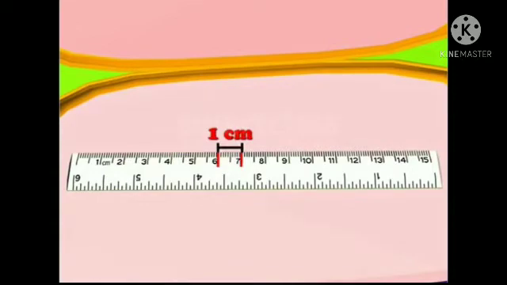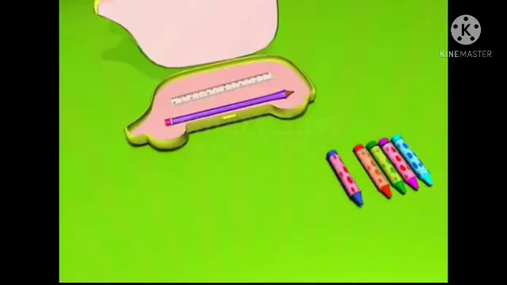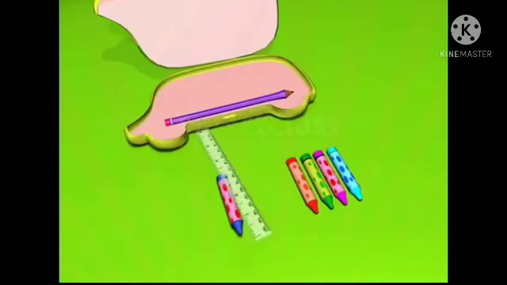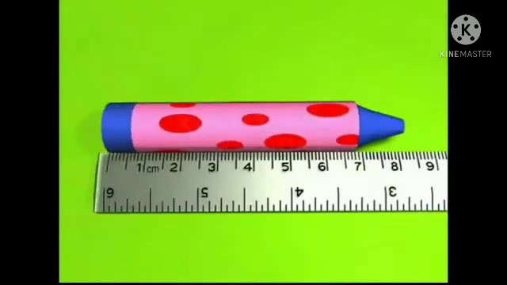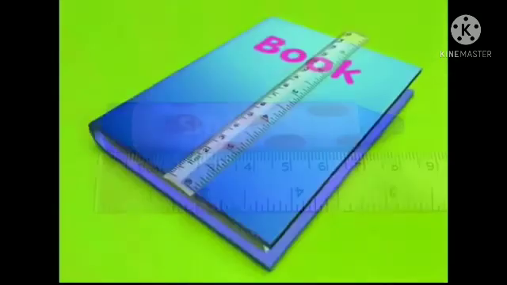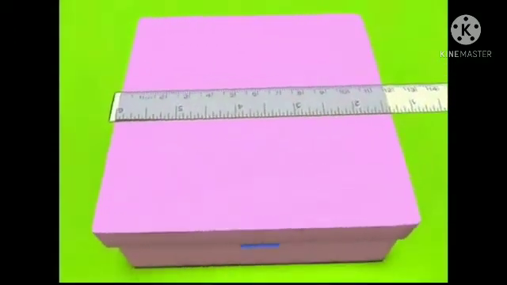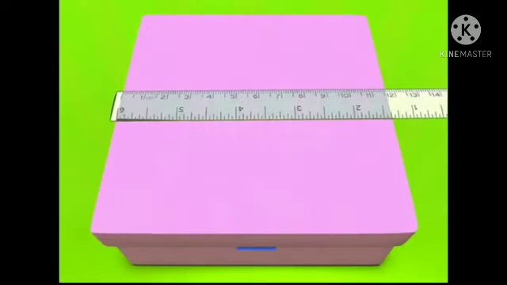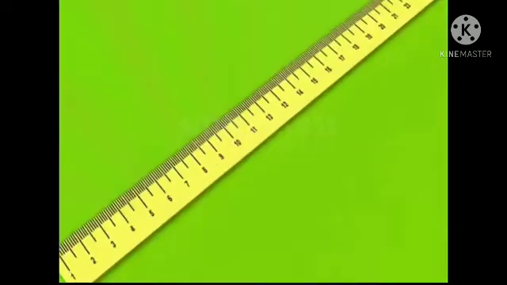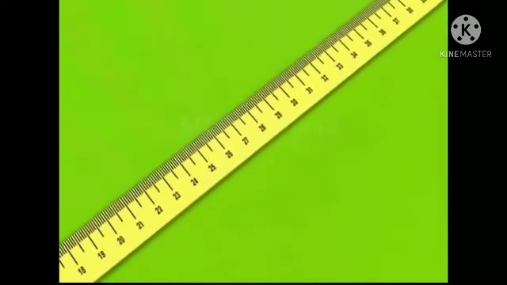The centimeter is used to measure small lengths like the length of a crayon, length of a book, and length of a box. Children, did you know that 100 centimeters make a meter?